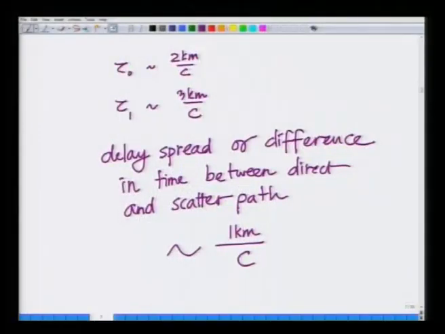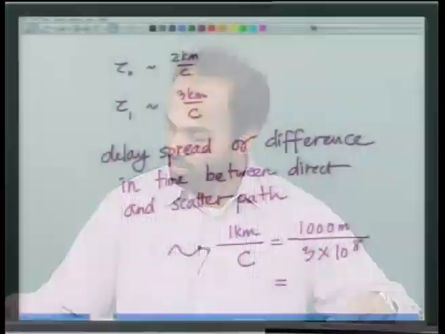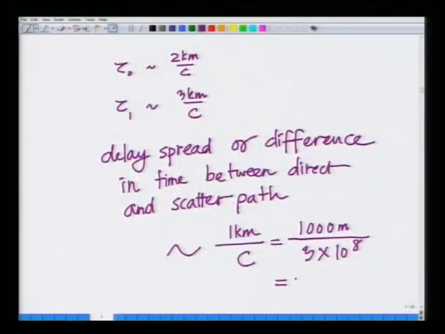Let me say it is approximately 1 kilometer divided by c, which is 1000 meters divided by 3 into 10 to the power of 8 meters per second, which is c, the velocity of light or velocity of an electromagnetic wave in free space, and this is hence equal to 3.33 microseconds.